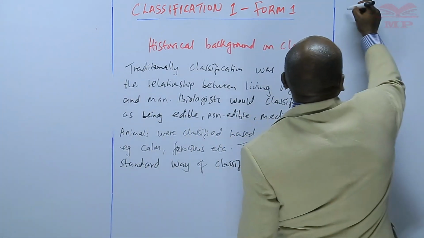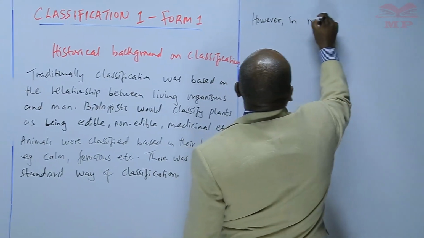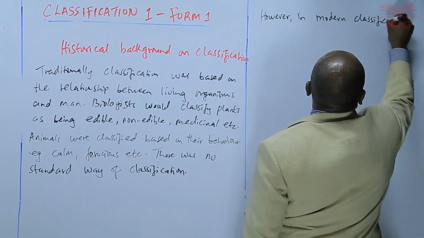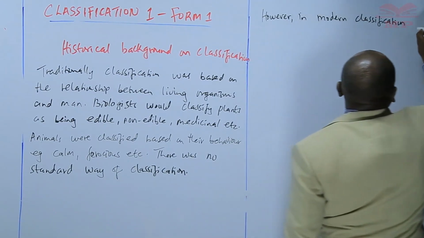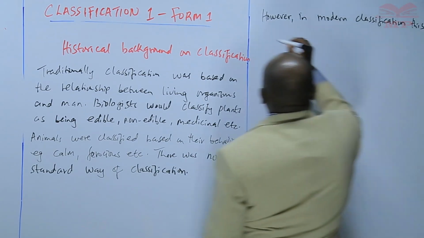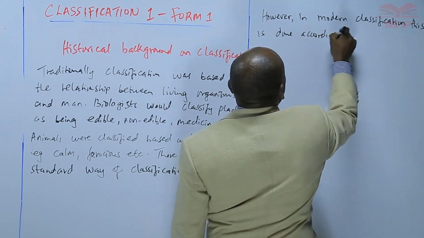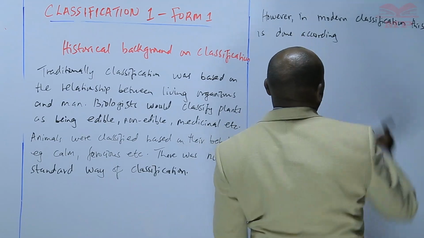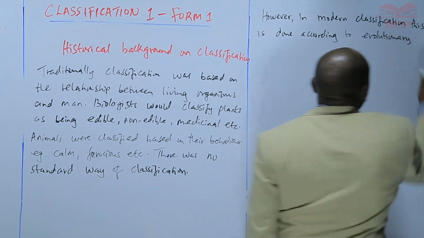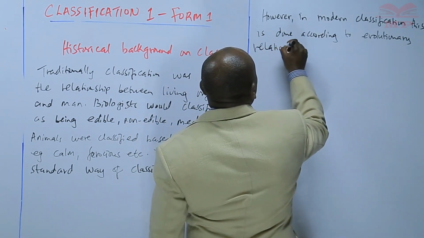However, in modern classification, this is done according to evolutionary relationships between living organisms.